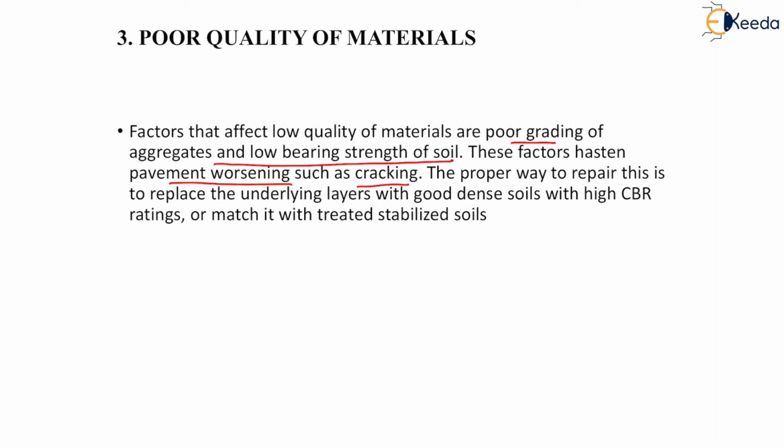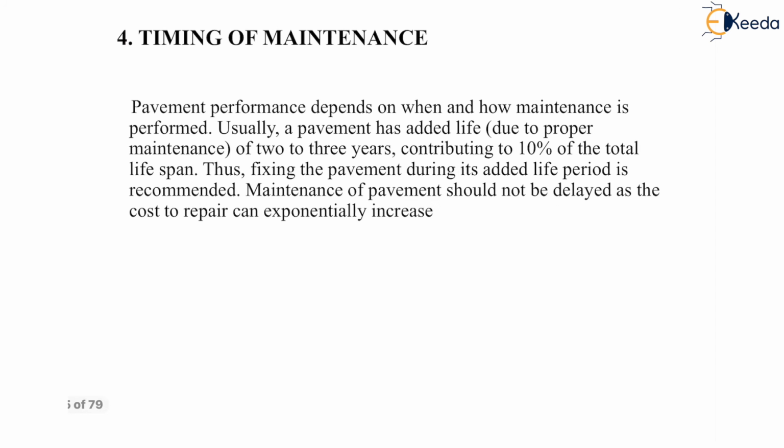The proper way to repair this is to replace the underlying layers with good dense soil with high CBR ratings, or match it with treated stabilized soil. It means that to repair this, we need to replace the bottom layer of soil with a very high CBR value soil, or we have to stabilize that soil.